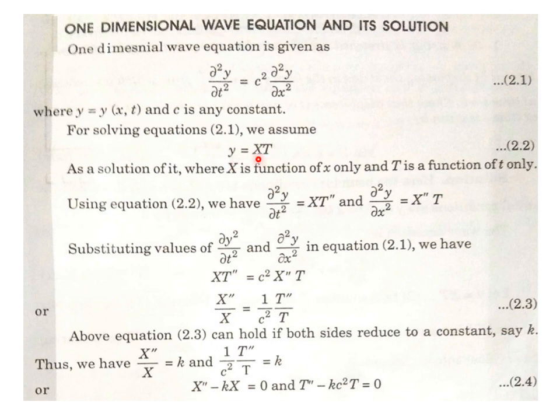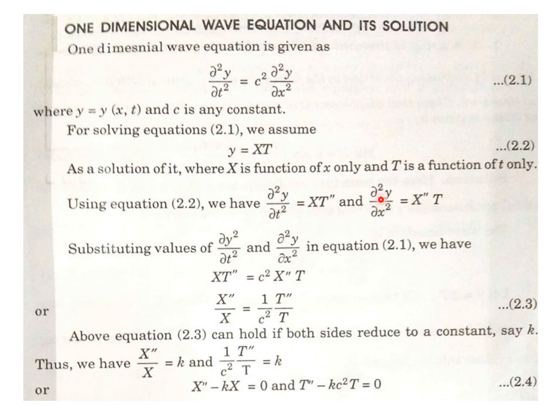Then capital X is treated as a constant, and it will be del 2 capital T by del small t square, which is similar to d2 capital T by d small t square, written as capital T double dash. Similarly del 2y by del x square will be capital X double dash into capital T, where dash means first and double dash means second order ordinary derivative in these two cases.